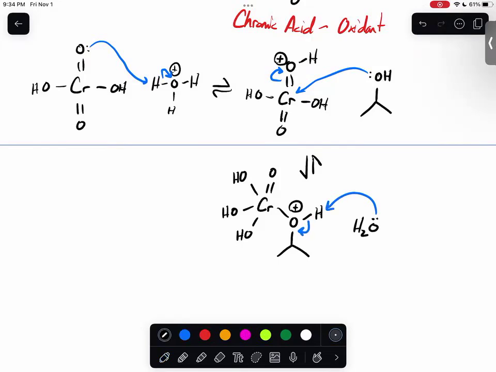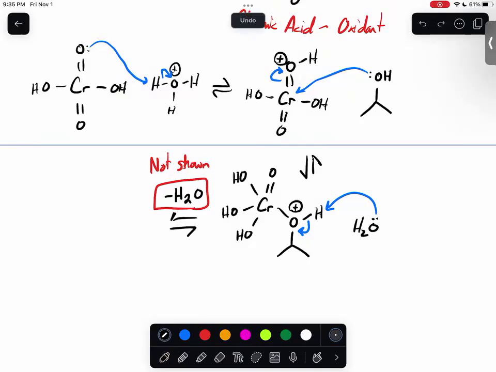And then one other thing that I want you to notice here that we're not going to show is more of the chromium chemistry, right? Where the chromium's actually going to do some stuff and it's going to end up losing some water. This right here is not shown in our mechanism because we don't have to know it. I'm just going to make sure that this is relatively simplified for everyone.